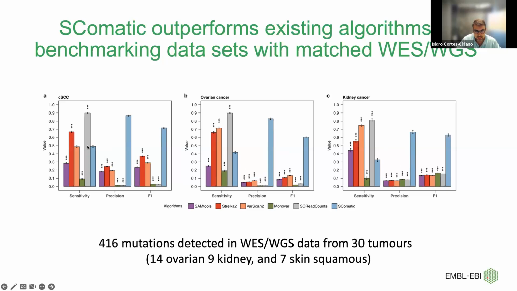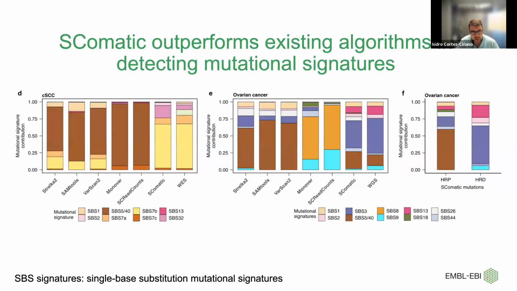So while our sensitivity is sometimes lower than other methods, in these three cases the precision is much higher, which means that most algorithms are calling tons of false positives that we are correctly not classifying as true mutations. I will show you the data underlying these results moving forward.